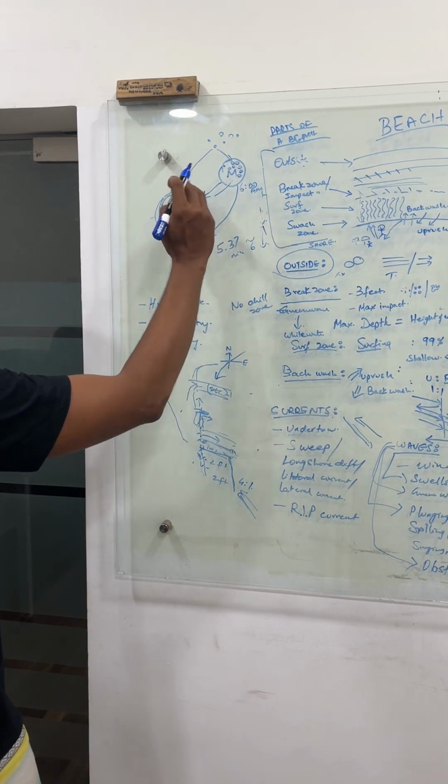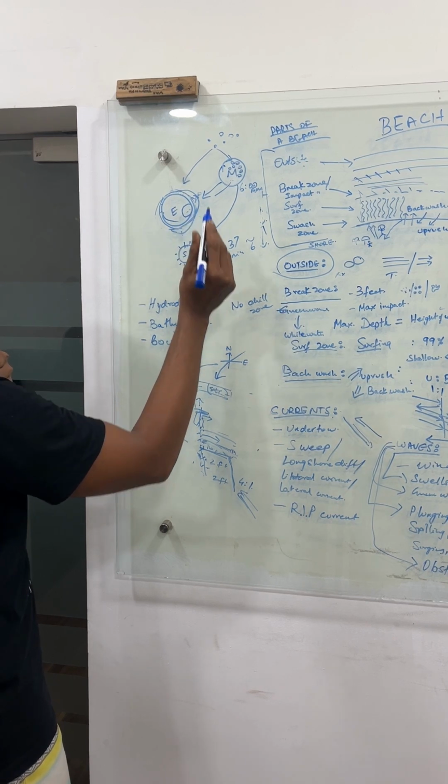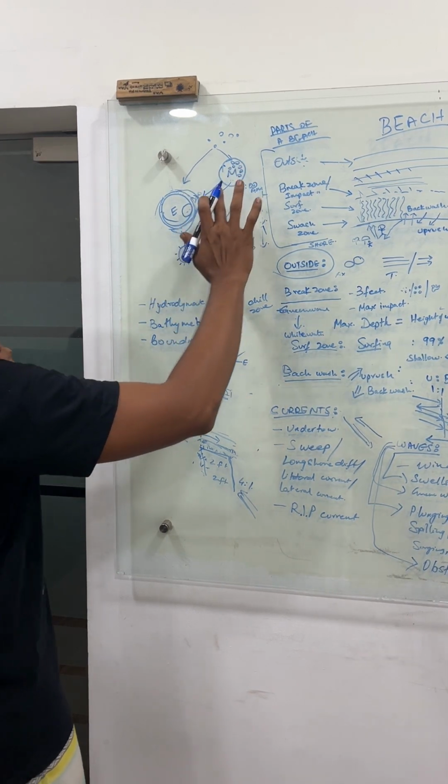So all the water is reduced on this side and this side, and it starts to bulge this side because the moon is now here, right?